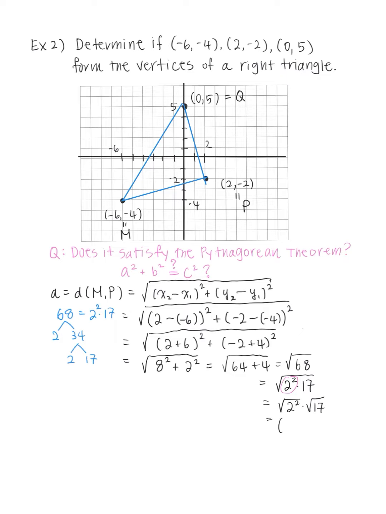So this is the same thing as 2 squared to the 1/2 power, remember? And this one is the square root of 17. So this just becomes what? 2 times the square root of 17. All right, so therefore the square root of 68 is 2 root 17. So let me box that because we need this piece of information.